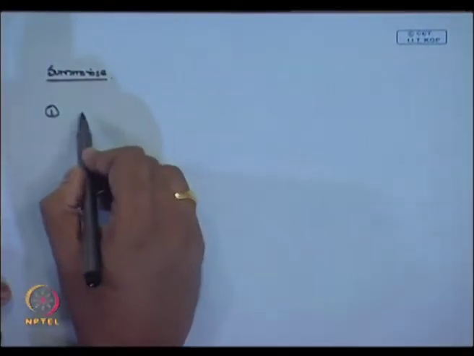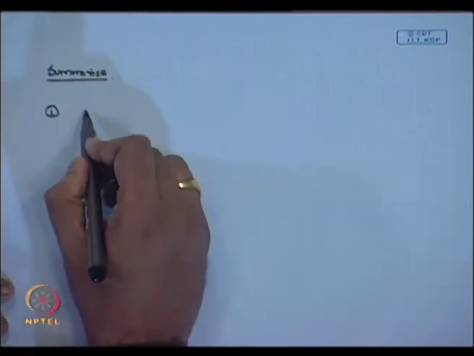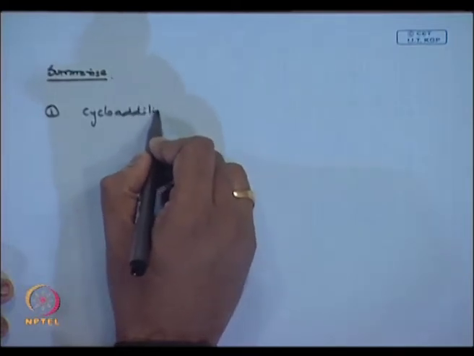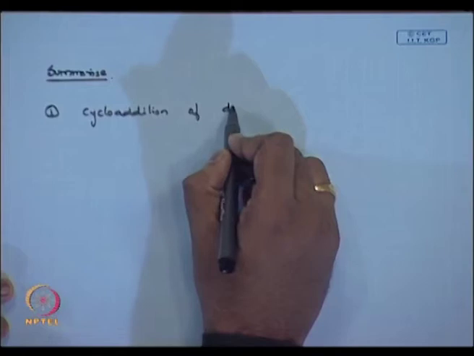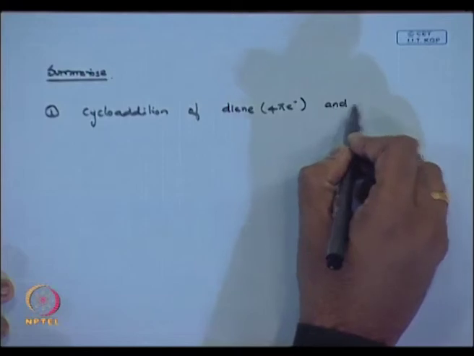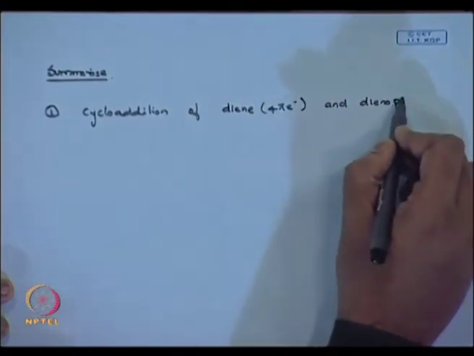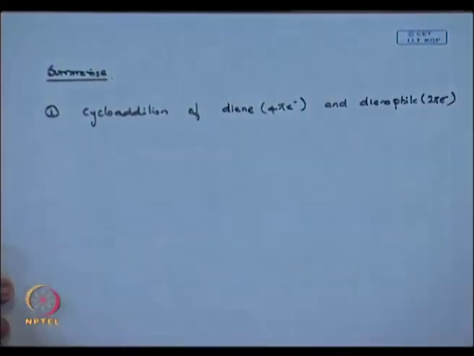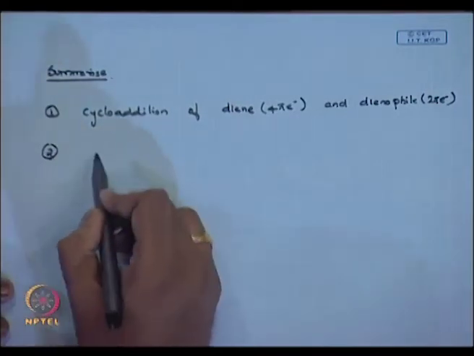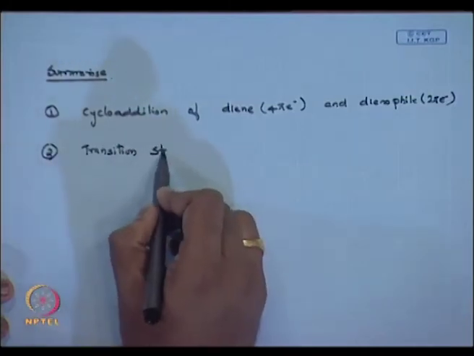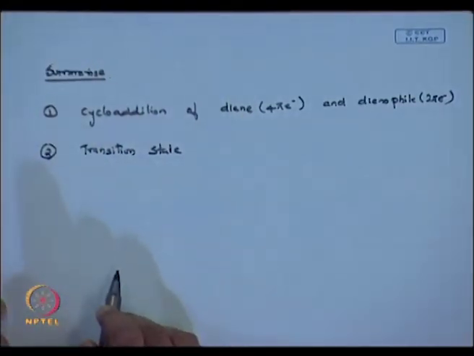First we studied that it undergoes cycloaddition of diene, which is your 4 pi electron system, and dienophile, which is your 2 pi electron system. That is what we studied. It is a cycloaddition, and it goes through a transition state. Fine, this is what we studied.